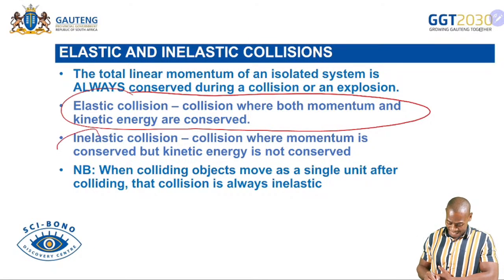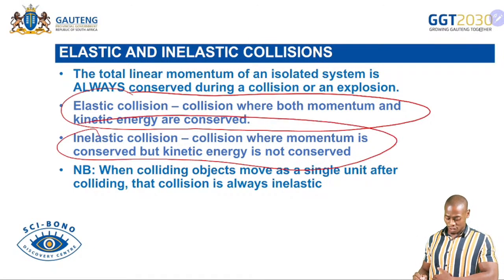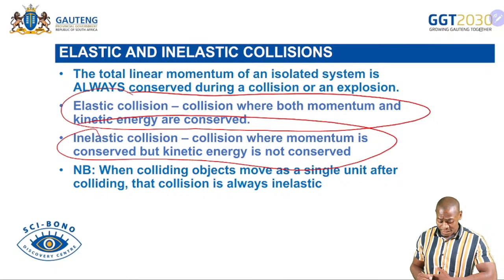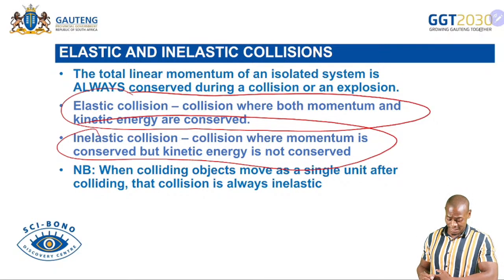Then what about inelastic collision? The collision is inelastic if momentum is conserved but kinetic energy is not conserved. So that is the difference between elastic collision and inelastic collision. I think another thing that we need to talk about here is not just kinetic energy, but the total or the sum, okay?